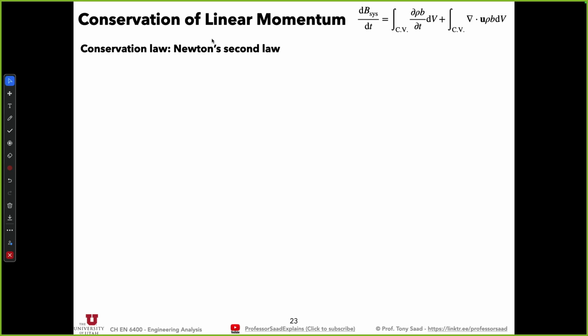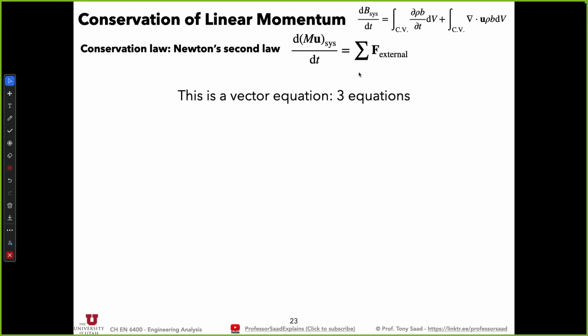The conservation law for linear momentum is Newton's second law, and it says the rate of change of momentum for the system is equal to the summation of the external forces exerted on that system. Now, this is a vector equation, okay? Because u is a velocity vector field, u, v, w. We're going to call them x-mom, y-mom, and z-mom.